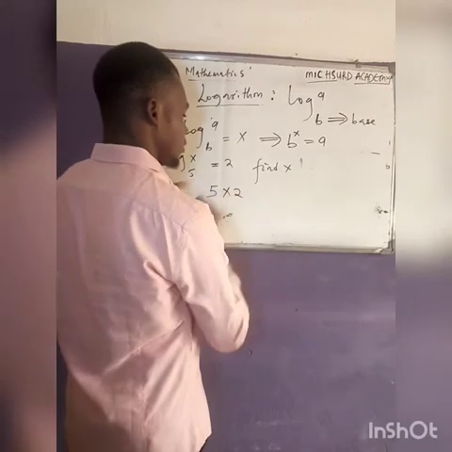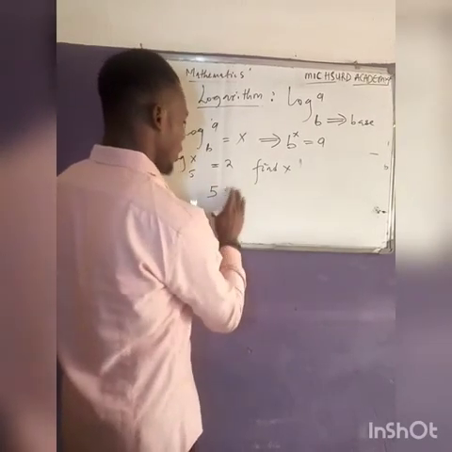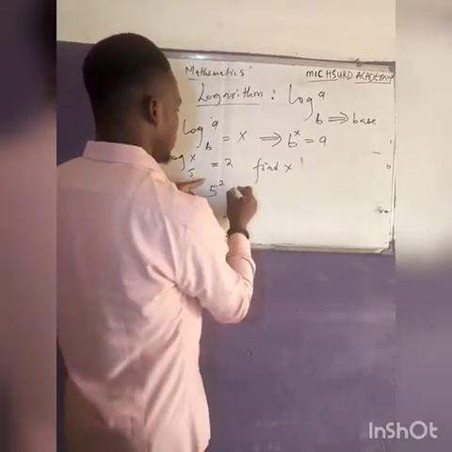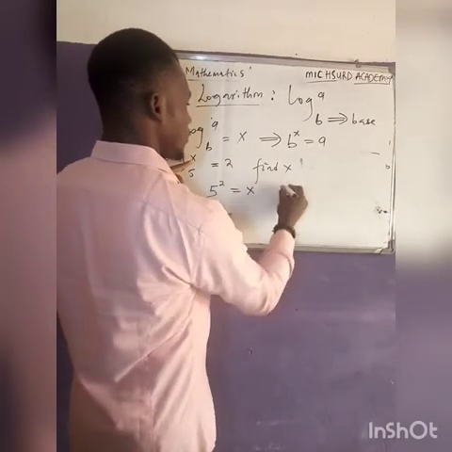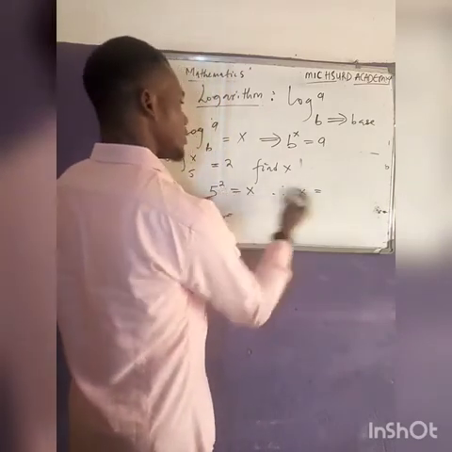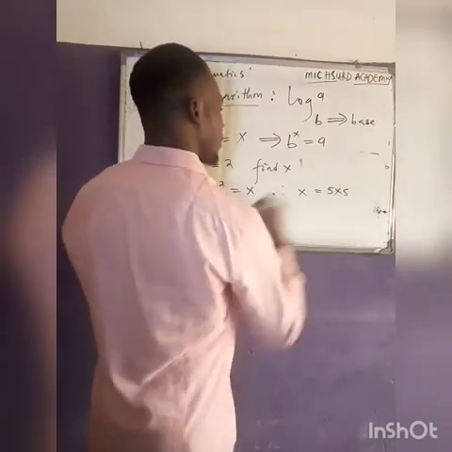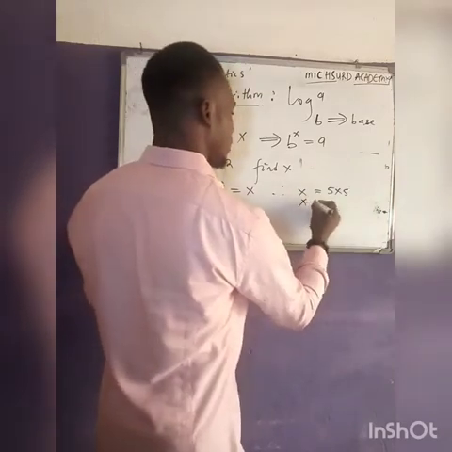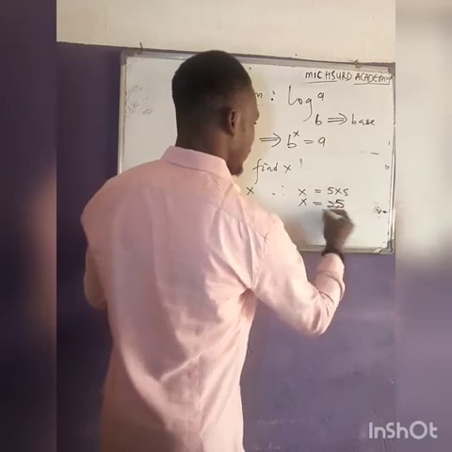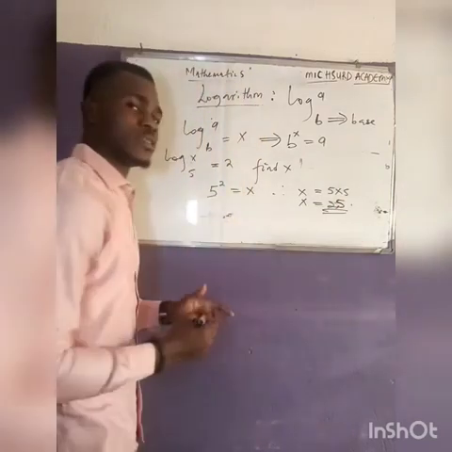This 2 here becomes a power, then it's equal to x. So therefore, our x is equal to 5 raised to power 2, which is the same as writing 5 times 5. So x is equal to 25.